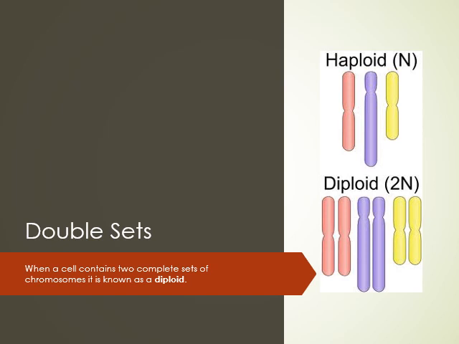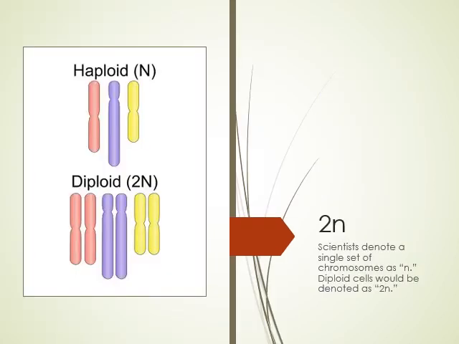N versus 2N. That N is just a variable, just like algebra. So we say 2N and N, where N equals the number of unique chromosomes, the number of homologous pairs.